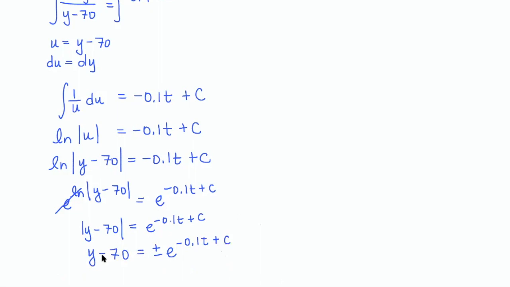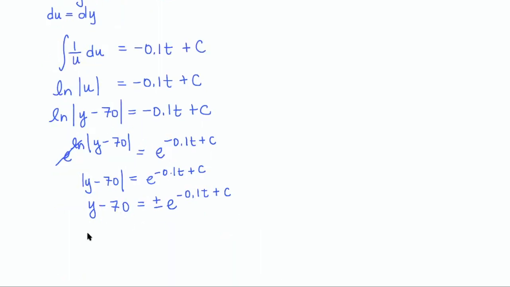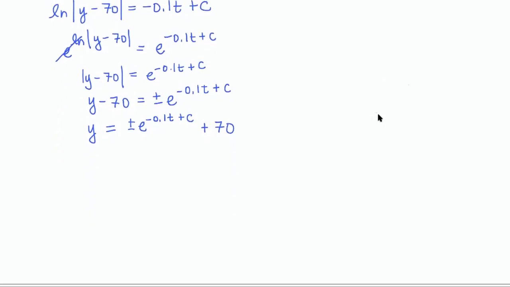To finish solving for y, I am able to move the 70 over to the other side, and I have y equals the positive or negative e to the negative 0.1 t plus c, plus 70. Now there's some additional cleanup that can actually happen with this equation to simplify our life a bit.